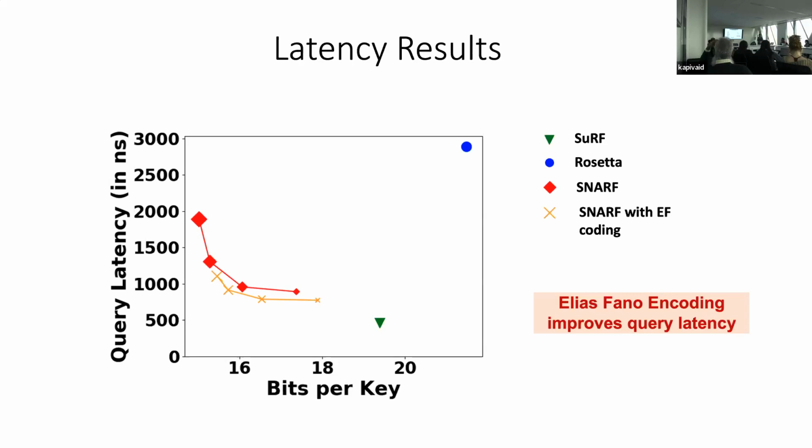The best point of Elias-Fano encoding is not as good as Golomb coding, but it offers a better query latency and space trade-off compared to Golomb coding. This is also an interesting future direction: what coding will ensure better latency. Our focus was mainly on space optimality, but maybe you can choose other encodings based on your trade-off.